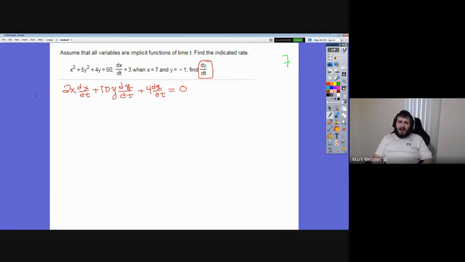And in fact, sometimes if you plug it in, the numbers get so much easier because we know what x is. x is 7. We know what dx/dt is. That's 3. We know what y is. That's -1.